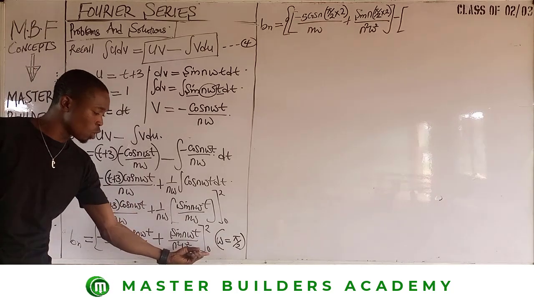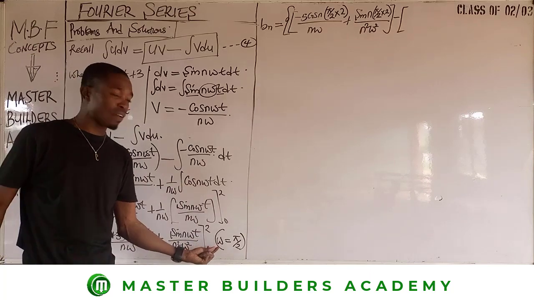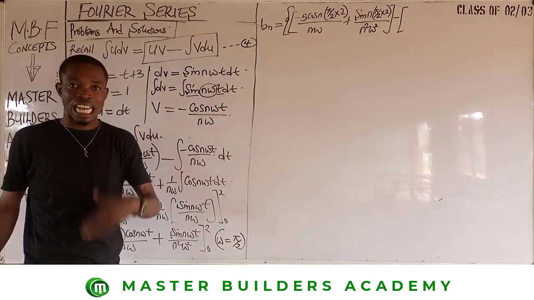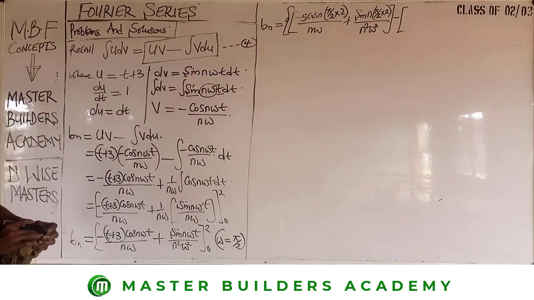Very quickly, we want to substitute the lower limit, which is 0. So anywhere we see t, we put 0, and anywhere we see angular velocity in front of trig, either sine or cosine, we put in pi over 2, like we have done in the first part.